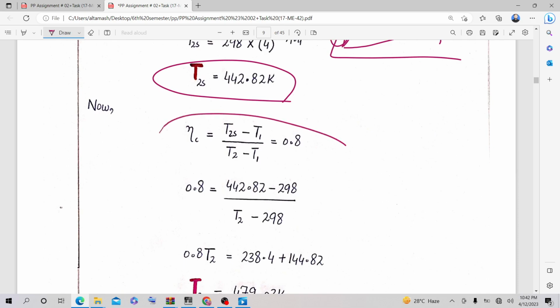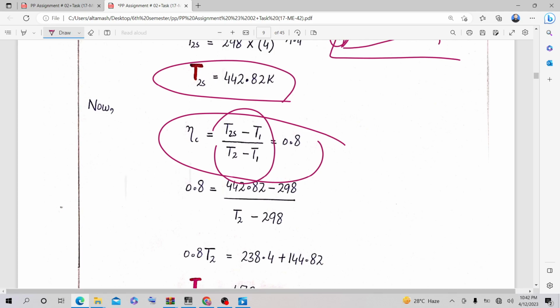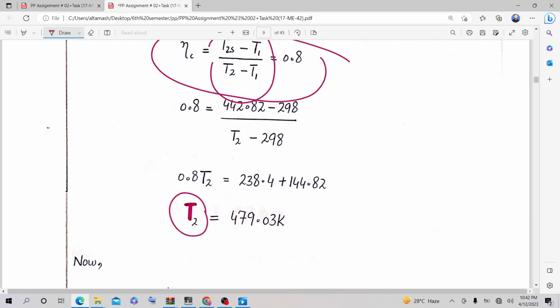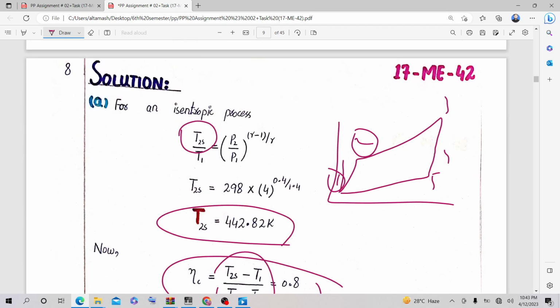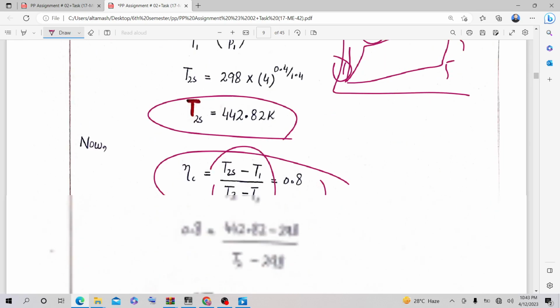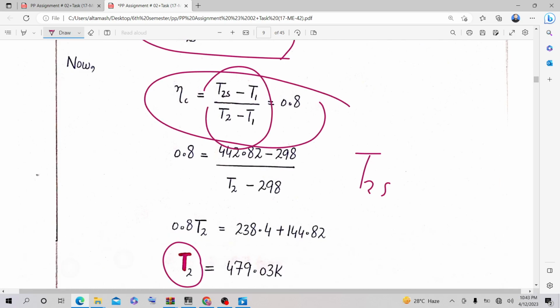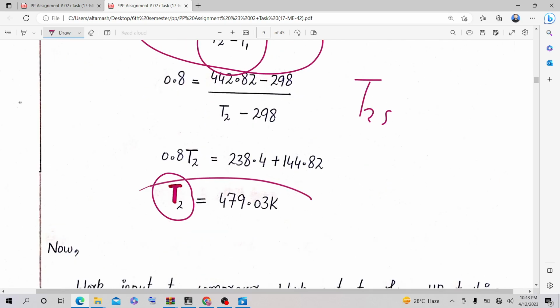The isentropic efficiency is also the same, that is from the formula T2s minus T1 over T2 minus T1. So first I find T2s and then I find T2.